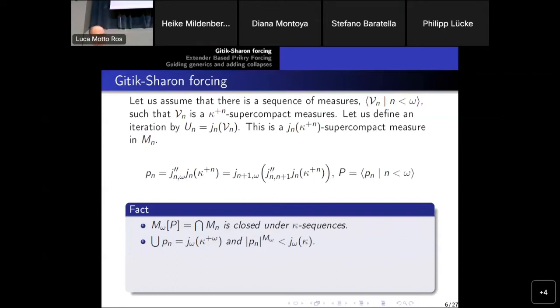So it is going to be covered by pn. Each one of the pn's is small. This means that in this model, j omega of kappa will collapse to a cardinal between kappa plus omega and kappa.